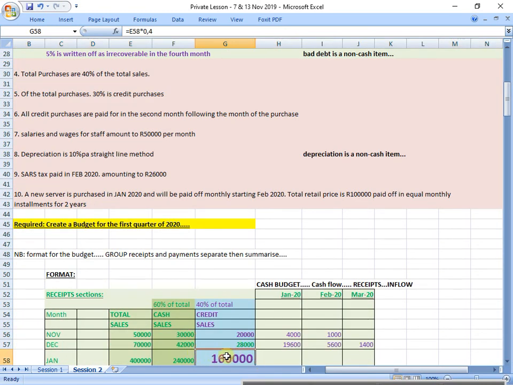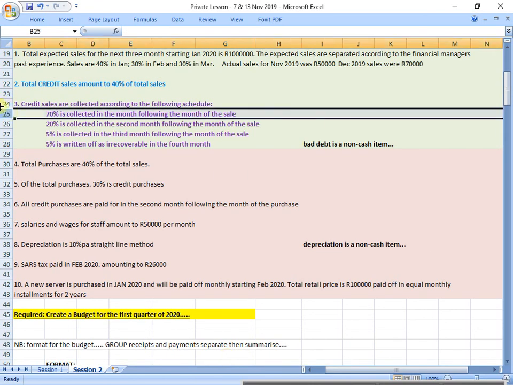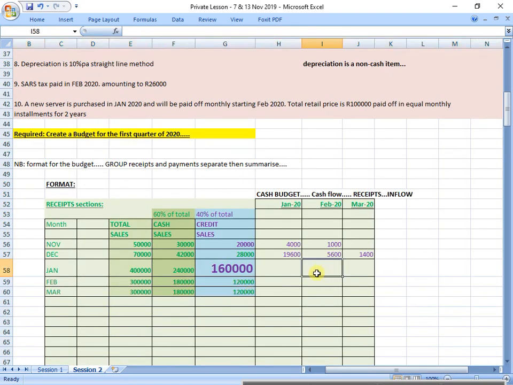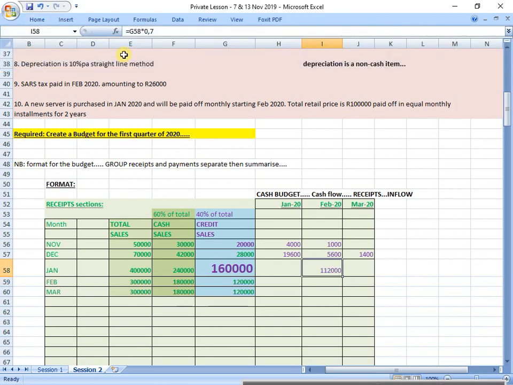There's the credit sale in January, right? How much do I collect in the month following the month of the sale? 70%. What is the month following the month of sale? February. Good. Does that make sense? Alright, so in February, I'm going to have this times 70%, because that's the month following the month of the sale.